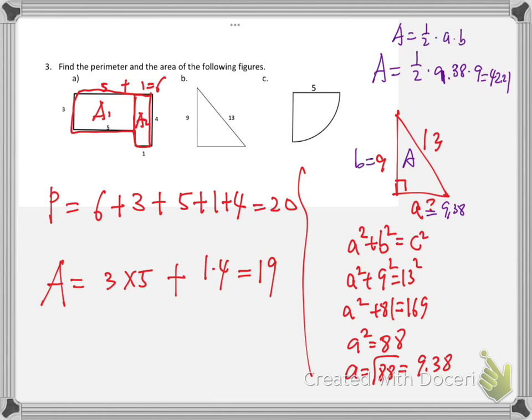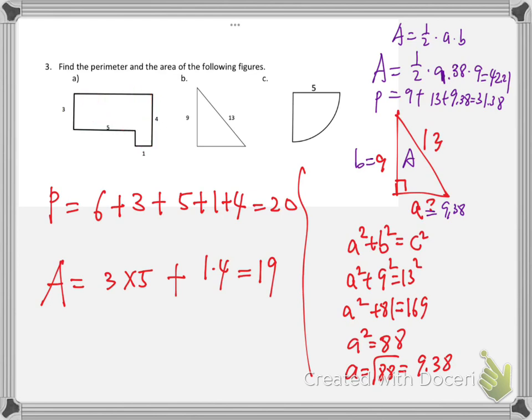The side and then the height. So this is the rectangle and the triangle area formula, right? So what's the perimeter? You just add these three sides. The perimeter is 9 plus 13 plus 9.38. So this is 31.38.